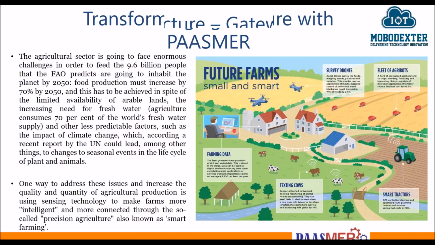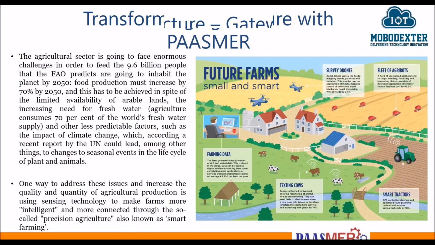In order for this additional population to be fed, we need to increase our food production by almost 70%. This is despite limited availability of agriculturable land, less fresh water each year, bad weather, insects, pests, and whatnot.